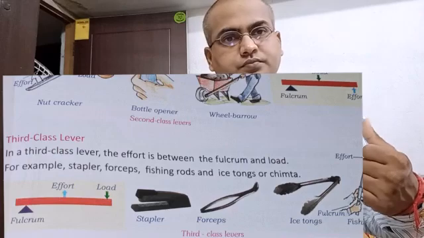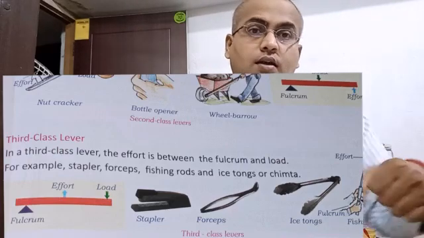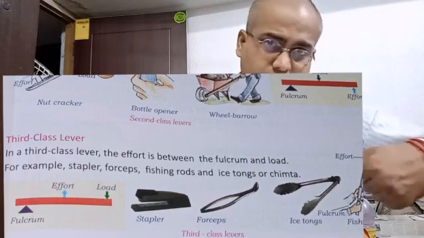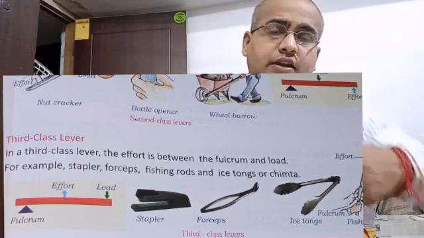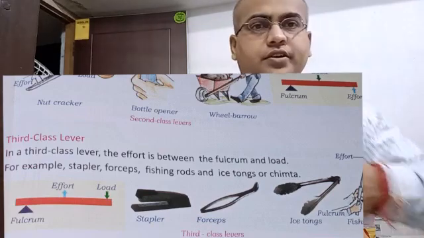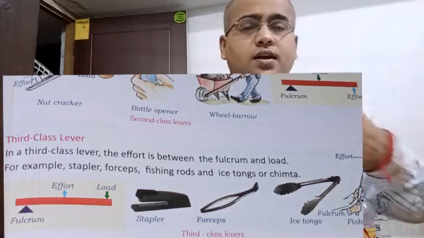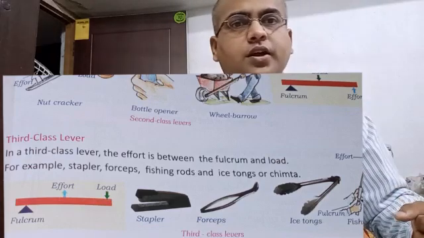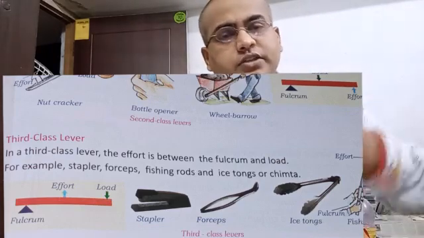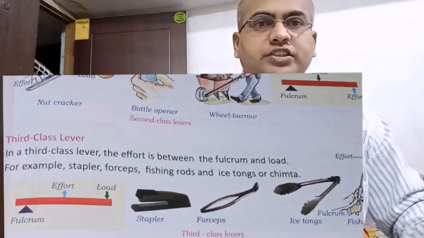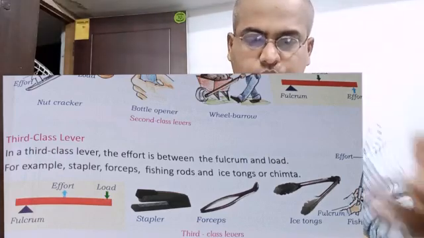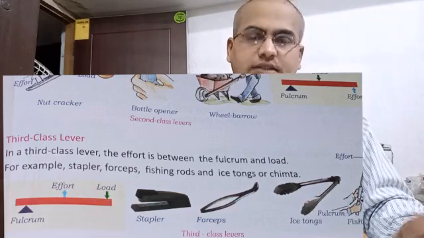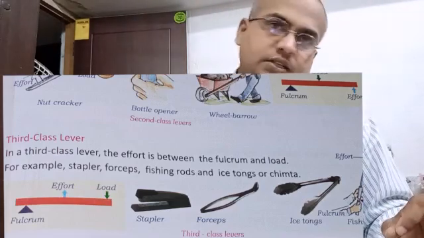At one side the load, at the corner the fulcrum, and in the middle we are using the effort. With the help of our force, we take the fish out from the water by using force in the middle of the fishing rod. So in this way, fishing rod, forceps, these are the third class of lever.